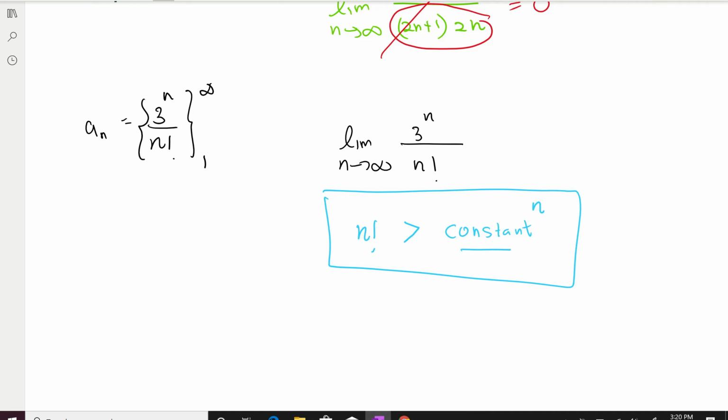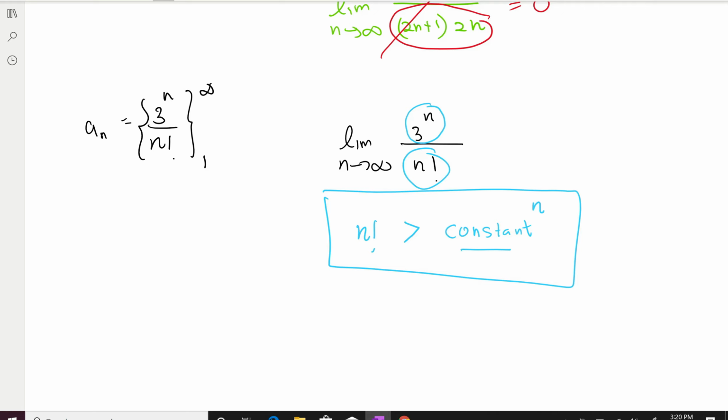So here in the numerator we have a power of n of a constant, because the base 3 is a constant, and you have n factorial in the denominator. If you compare both of them, n factorial is more powerful and grows faster. Grows faster means n factorial will go to infinity really quickly, before 3 to the power n.